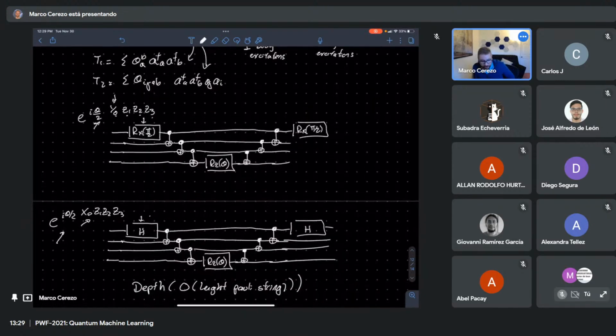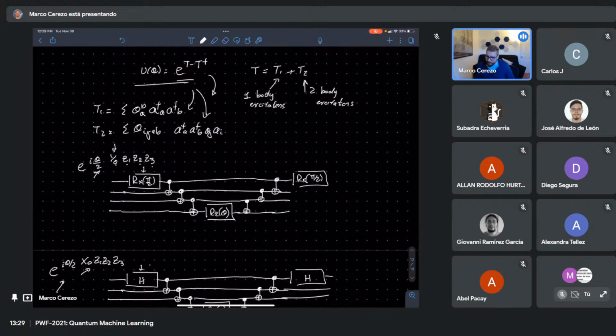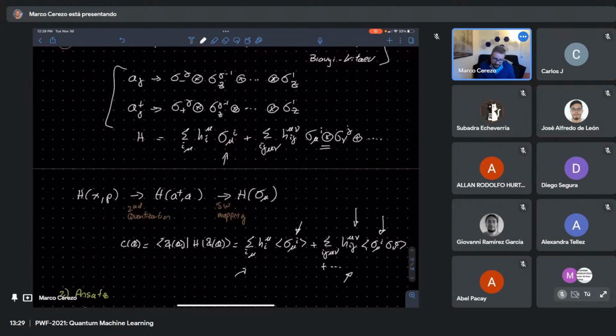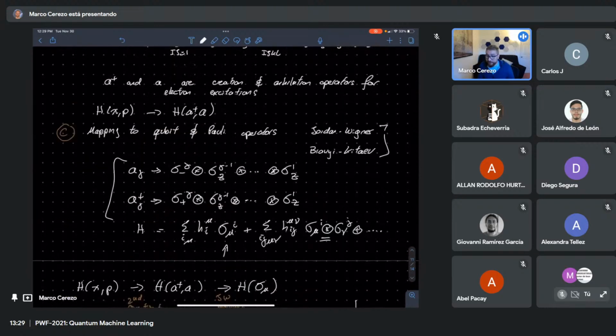So here we can see, and just very quickly, we have here a Y or an X. Why do we have a Y or an X? Here we had sigma minus and sigma plus. And by the way, no one asked me what sigma minus and sigma plus are, so I hope you assume that you know what this is. Sigma plus and sigma minus are the so-called ladder spin operators.